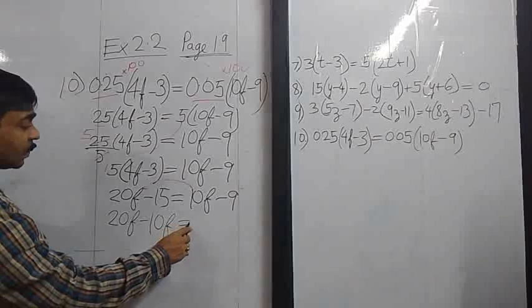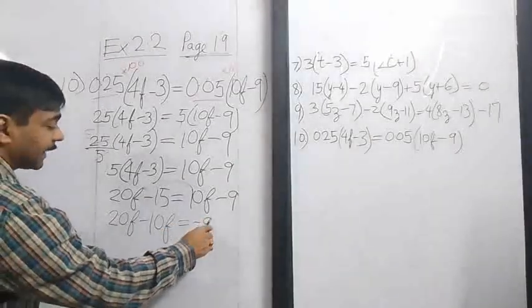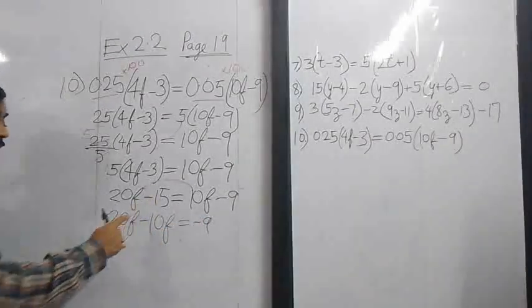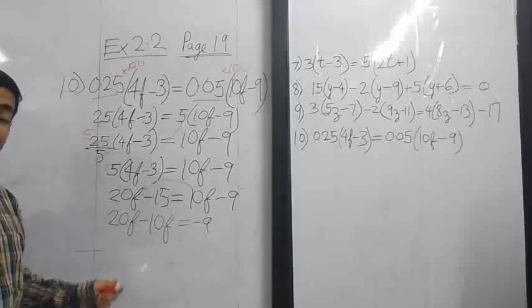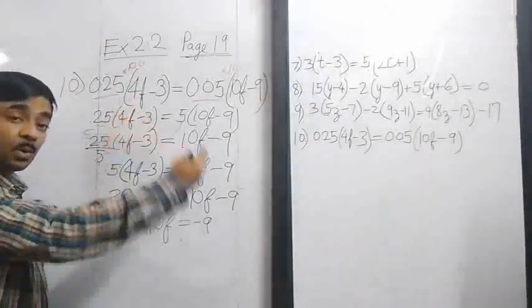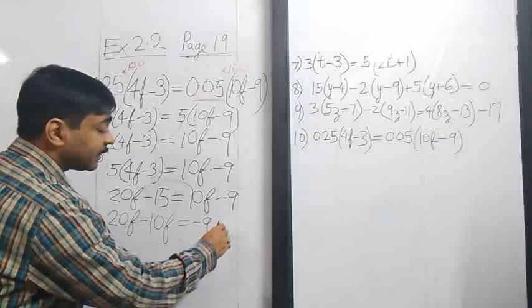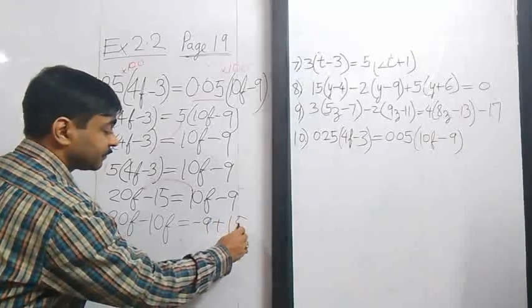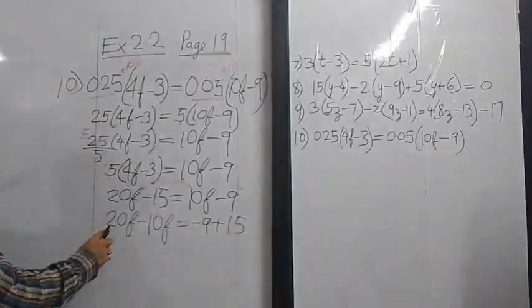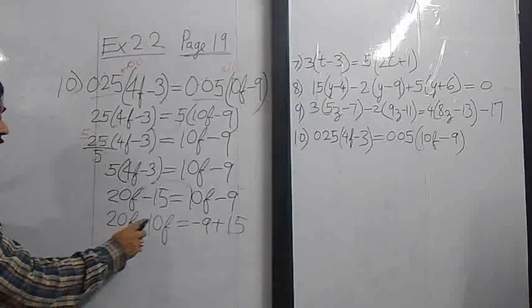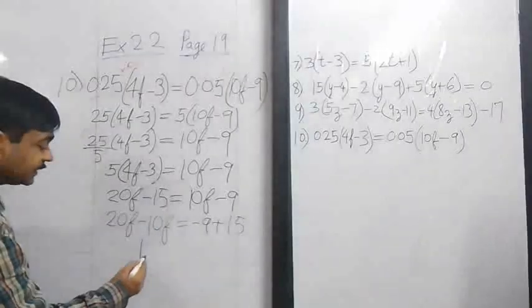equals negative 9. The left hand side has the number minus 15. This minus 15 shall go on the right hand side and become positive. So we have 20f minus 10f, which is purely 10f.